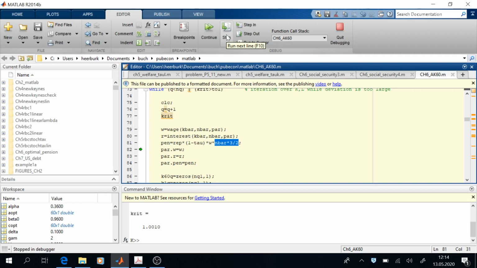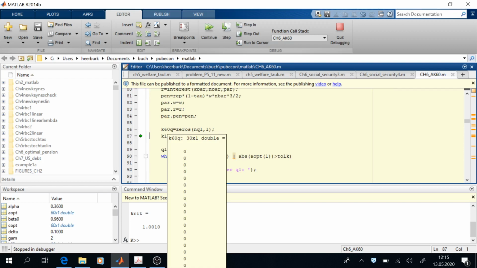We store all these three variables, the two factor prices and the pensions, in the global parameter vector par, and we will use this in our computation in the functions below.